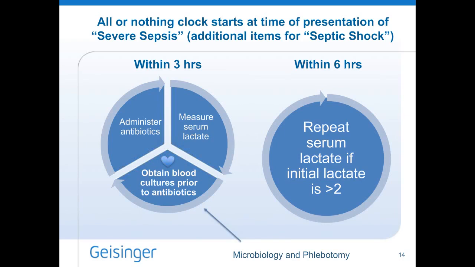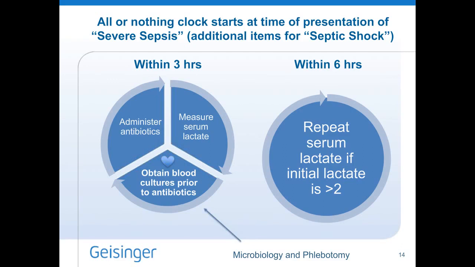And so hospitals are required within 3 hours, for example, to measure serum lactate, obtain blood cultures prior to antibiotics, and administer those antibiotics prescribed by the antimicrobial and infectious disease and critical care teams. This is where microbiology comes in: obtaining the blood cultures prior to antimicrobials. Within 6 hours, repeat serum lactate if the initial lactate is greater than 2.